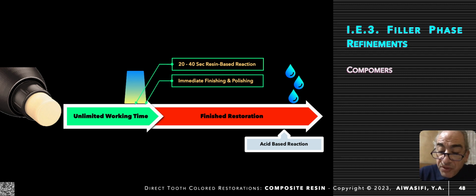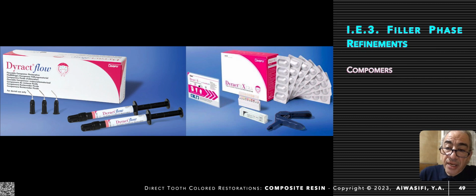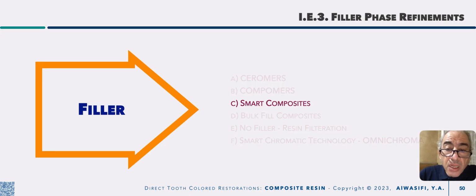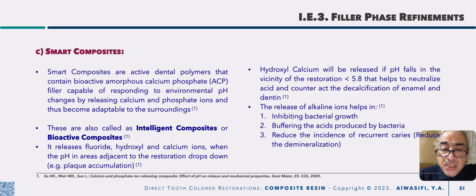One of these materials is Dyract. Other brands follow the same idea, but instead of releasing fluoride, they add a bioactive amorphous calcium phosphate filler, which is capable of responding to the environmental pH.